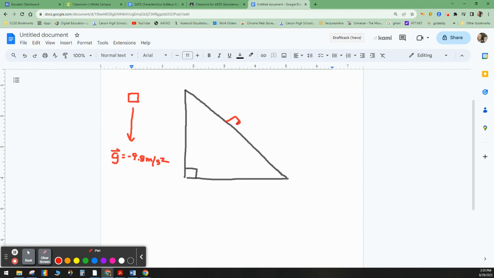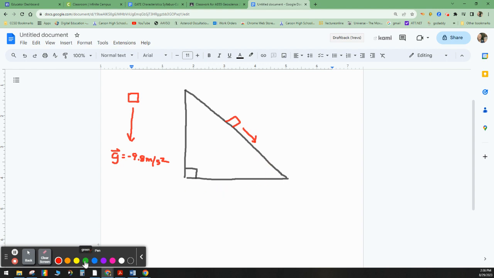If there's no friction, it's going to slide down the ramp. Gravity goes straight down, but what's the acceleration down the ramp? Well, it's a component of gravity. Not the full 9.8, but a component of it that makes it come down the ramp.